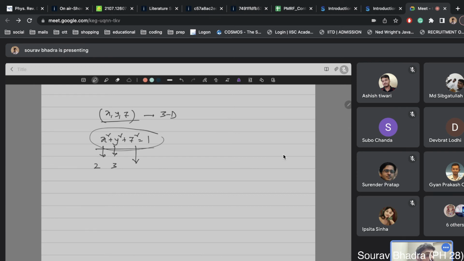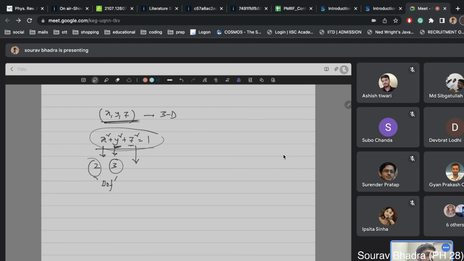You don't need the data for z if you have x and y. So although it is a 3D problem, the degrees of freedom will be 2 only. Similarly, if you have the values of y and z, then you don't need x, because it can be calculated from this constraint.